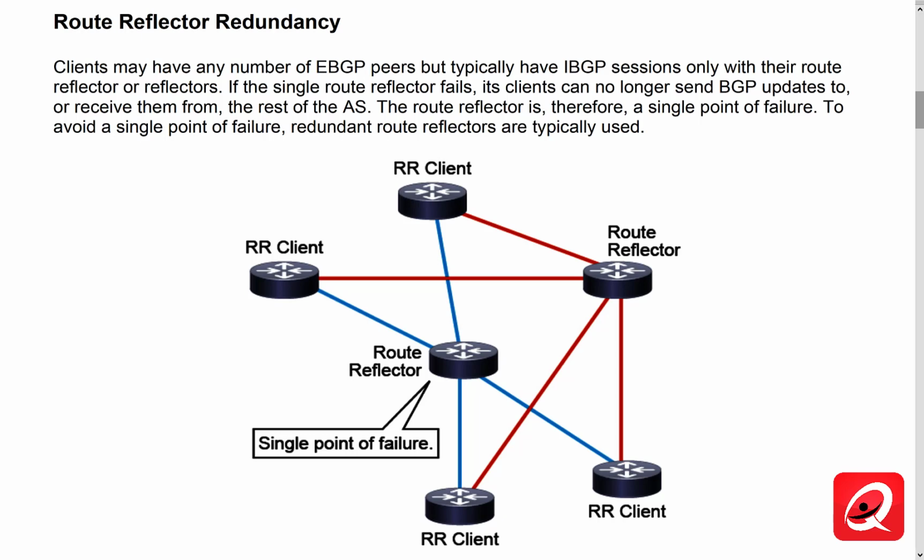So in this iBGP network, based on route reflectors, we rely on those route reflectors to be able to disseminate routing information and to be able to establish convergence in the network. So obviously, having only one route reflector in the network is not really that recommended. So we want that redundancy, both physically and logically.